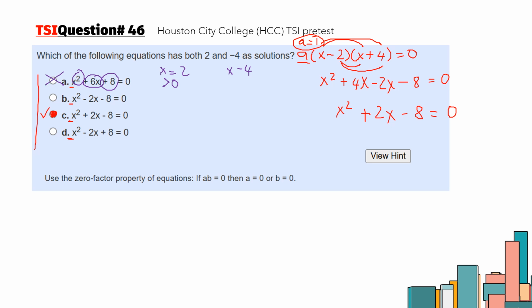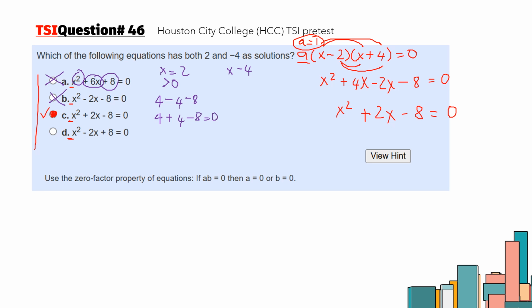Okay, so let's do B. You have 4, because 2 squared is 4, minus 2 times 2 is minus 4, minus 8. This one is negative, it's not 0, so we eliminate B. Then for C, 2 times 2 is 4, add 4 minus 8, that's 0.